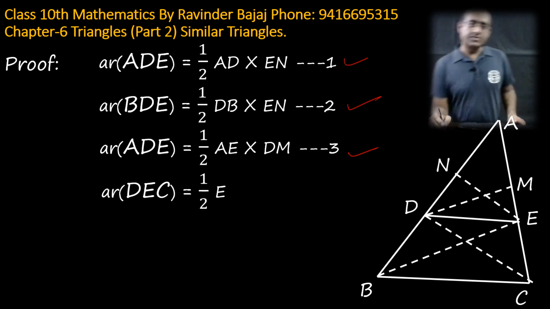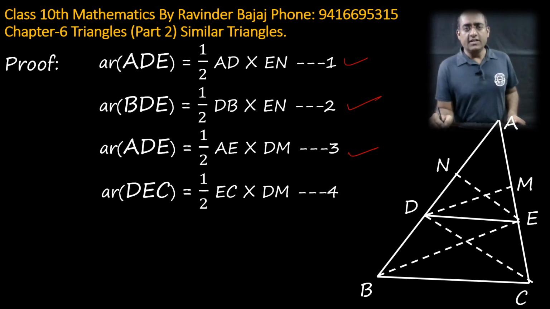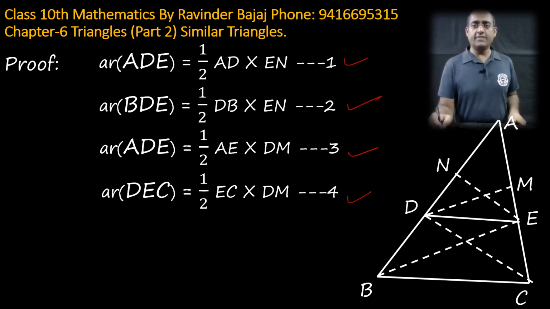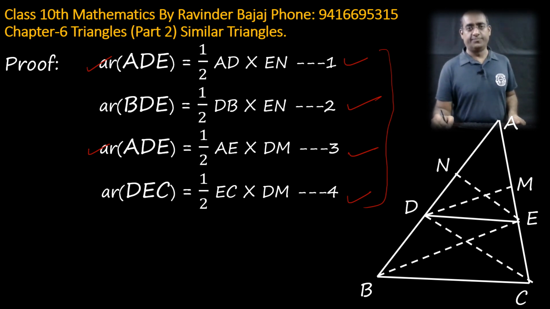Now the fourth equation is area of triangle DEC. See this figure very carefully. DEC is equal to half into EC into DM. In this way I have calculated area of 4 triangles where these two triangles are the same. See, ADE and ADE, but I have taken different perpendiculars in these two.